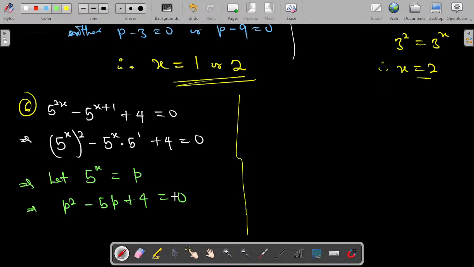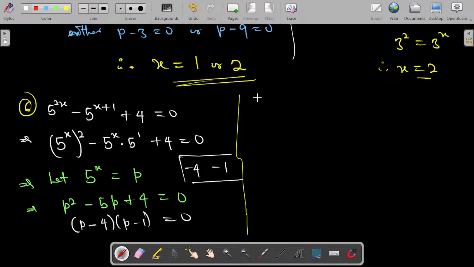And then you can try to factorize again. Here you're looking for two numbers that will add to give you minus 5, and when they multiply they give you 4. And it's obvious: minus 4 and minus 1. Here again you will open your two brackets. This will give you p minus 4 and p minus 1, and that's equal to 0.